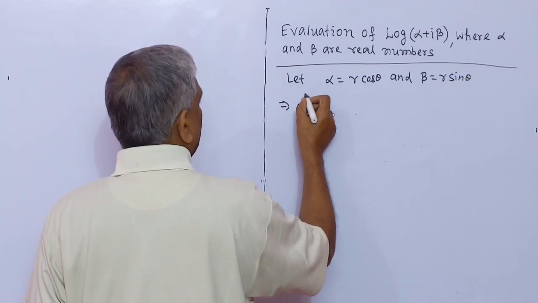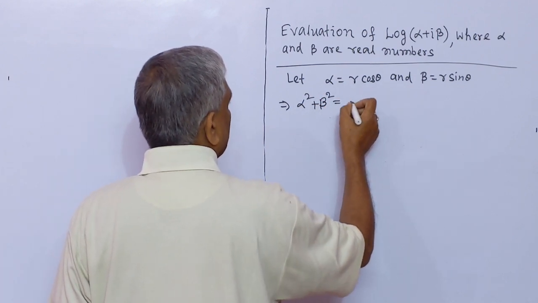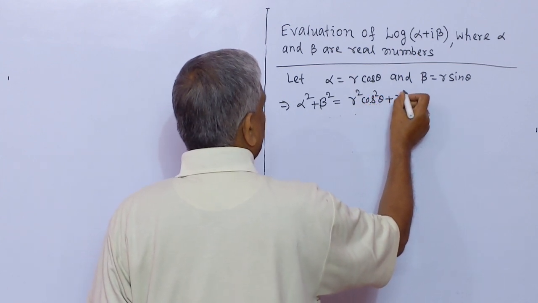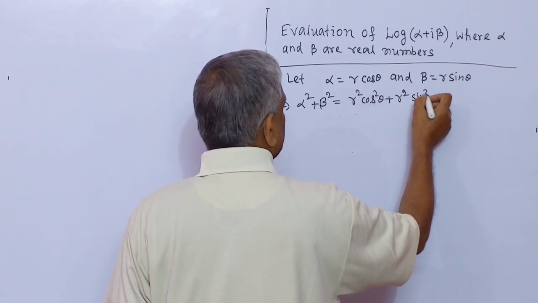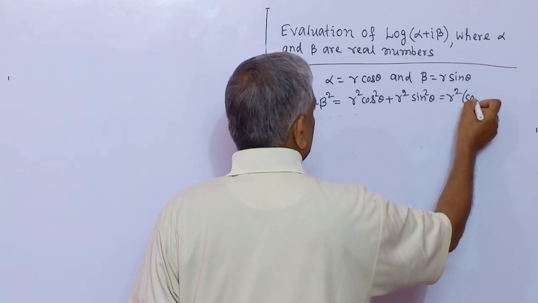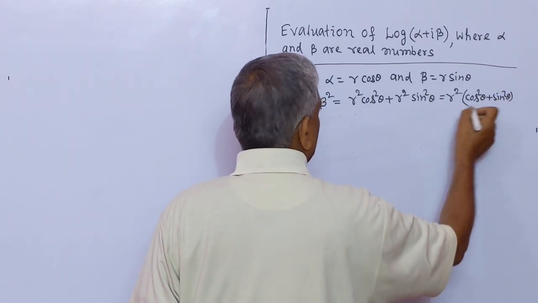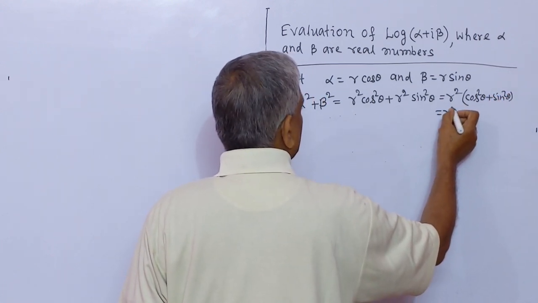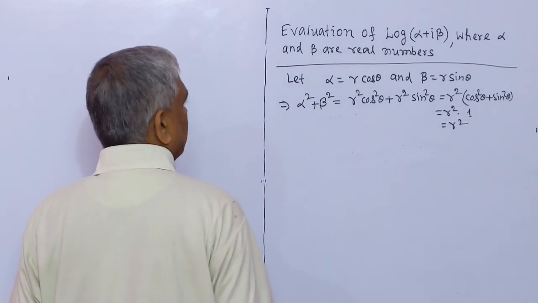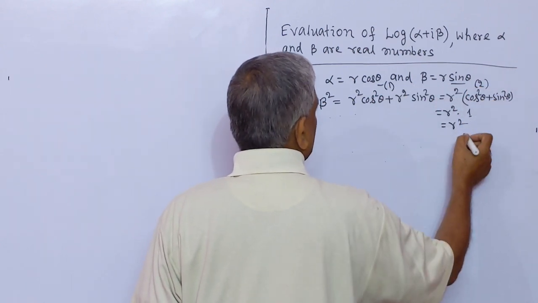This implies that alpha square plus beta square equal to r square cos square theta plus r square sin square theta. This is equal to r square common cos square theta plus sin square theta, which is r square multiplied by 1, equal to r square.